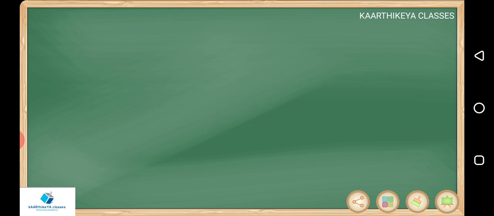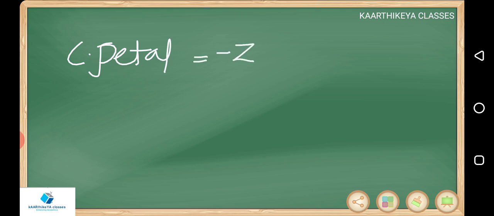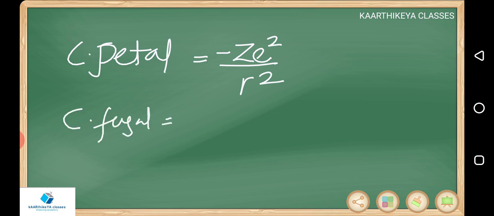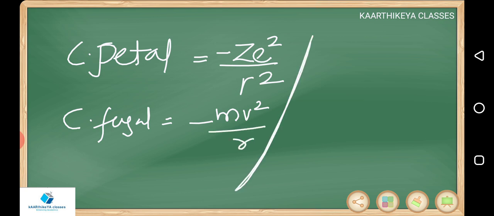The centripetal force is equal to minus Z e square by r square. The centrifugal force, which is working outward, is given by minus m v square by r. These two must be the same, so minus Z e square by r square is equal to minus m v square by r.